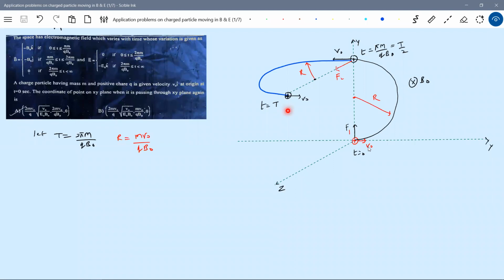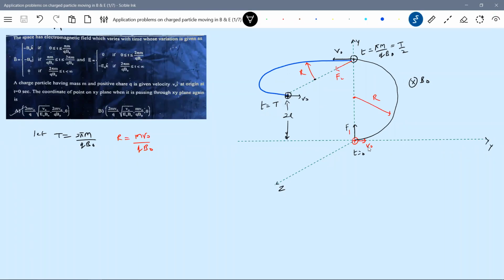What is the height it will rise? 2r. Can we write the coordinates of this?